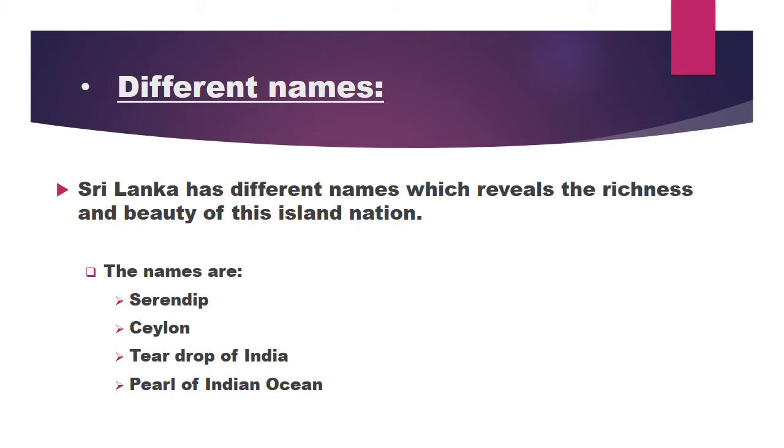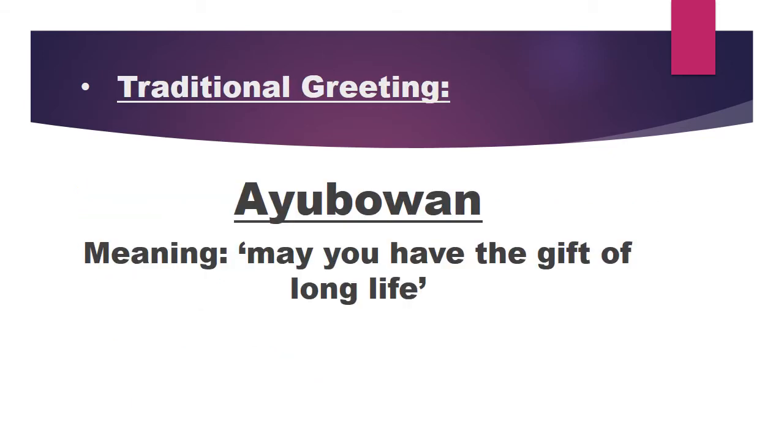Because these names reveal the richness and beauty of this country, and many travelers, from ancient mariners to merchants and present day tourists, are all attracted by the beauty of this country.